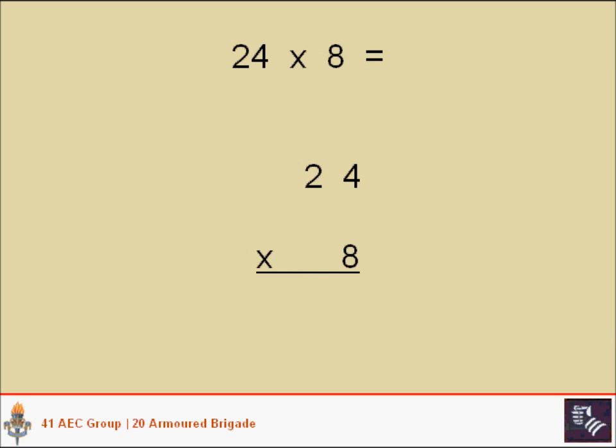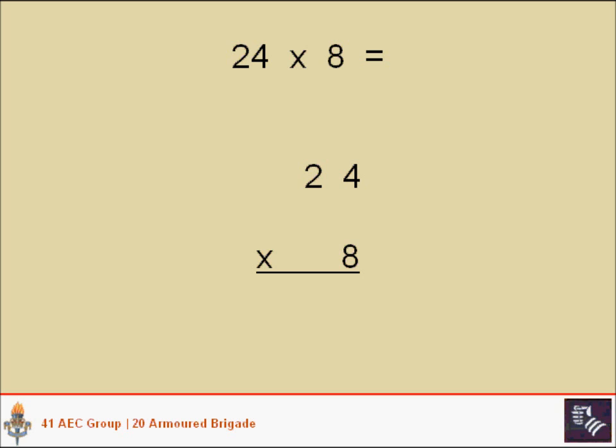Let's see if we can remember how to lay out a multiplication sum. This is known as long multiplication, or the traditional method. So our sum of 24 times 8 is laid out as 24 times 8 with the 24 above the 8. We start from the right. 8 fours are 32.